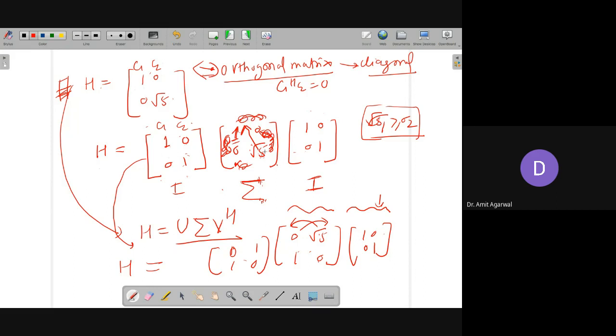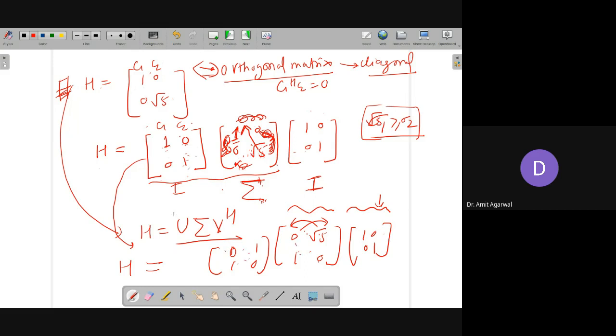So root 5 first will be moved here. So first we do row operation. So row operation means we have to swap these two rows. And once we swap these two rows, in order to make the product of these two constant, we have to swap the columns of this matrix and just multiply it.